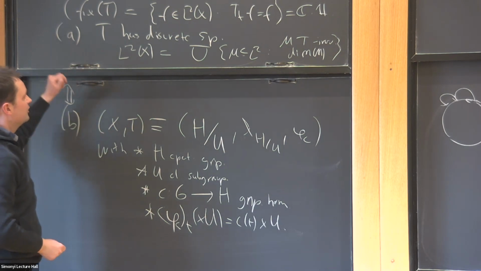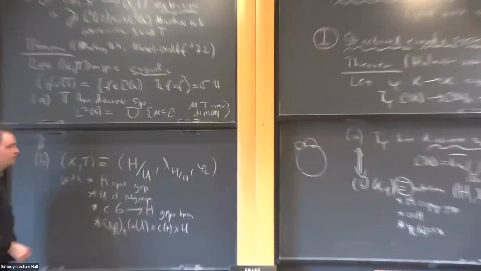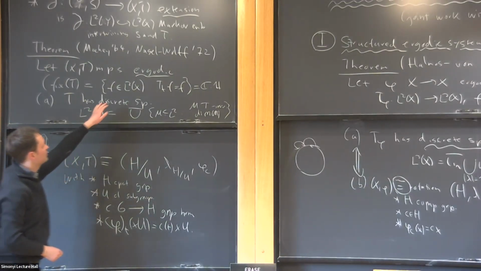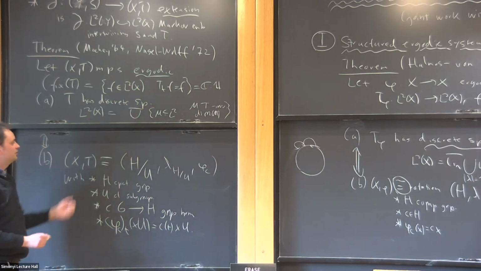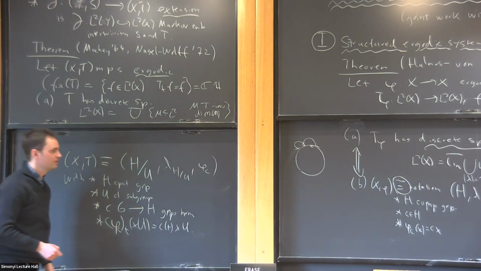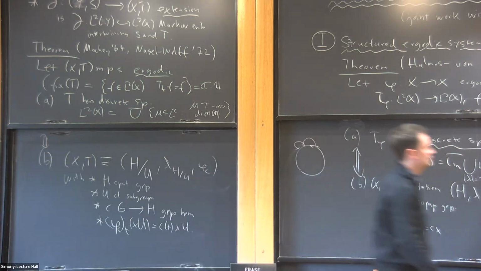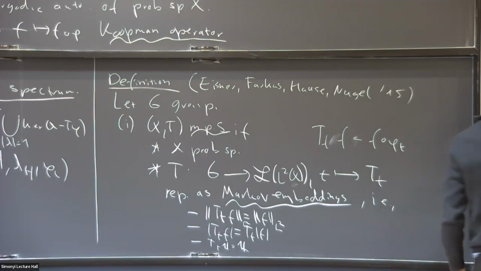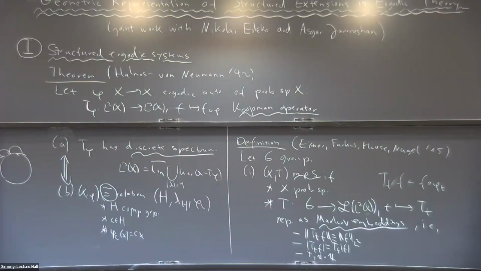Okay, so now this is the general version of the Halmos-von Neumann theorem for general group actions. And now I want to give you a proof which is close to what Nagel and Wolff did, because we will use the same methods in the following results as well. So let me now give you a proof, or at least a sketch of the proof.